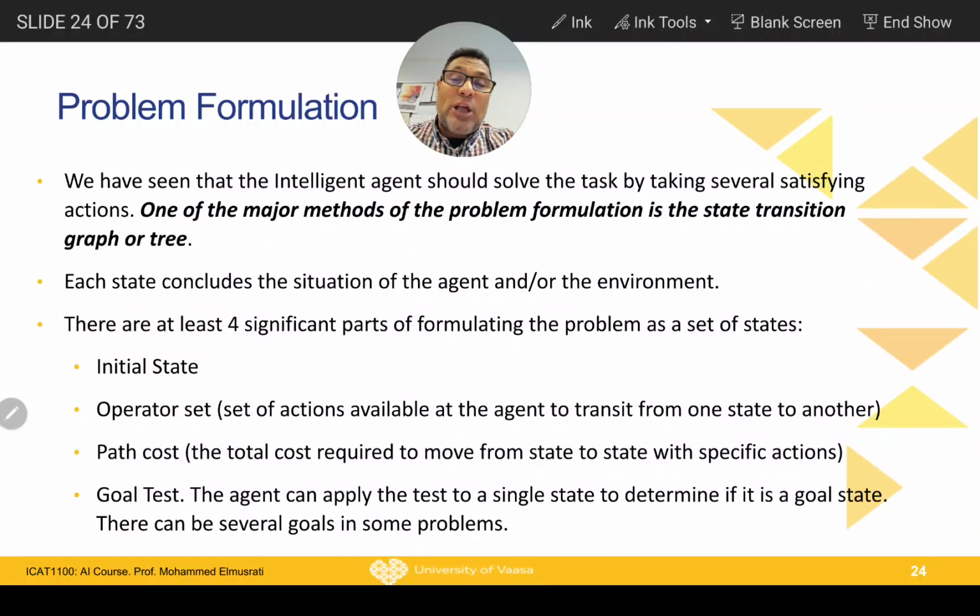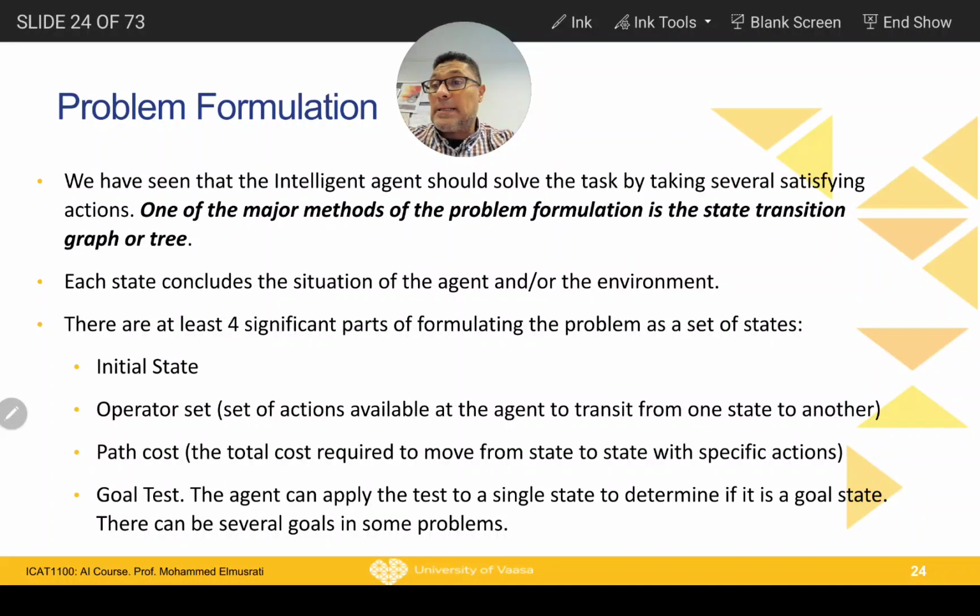However, of course, solving the problem is not always easy, as we will see later. We have here 4 significant parts to formulate any problem. We need, of course, an initial state, as any problem has an initial condition, or we need to start from somewhere. So we need to define our initial state, or the initial state can be given. Then we have the operator set.